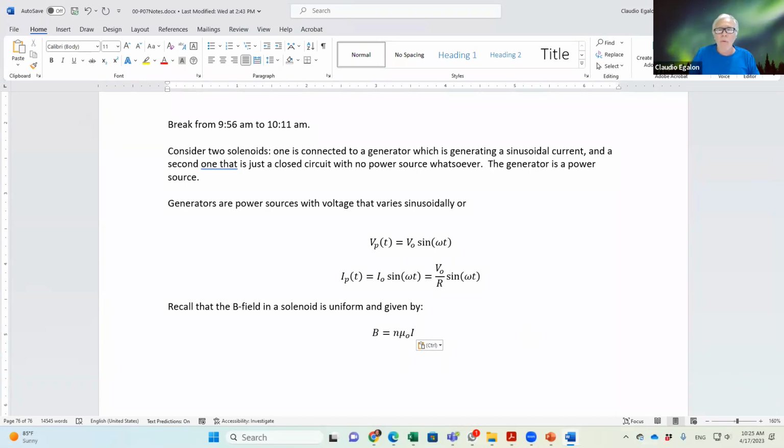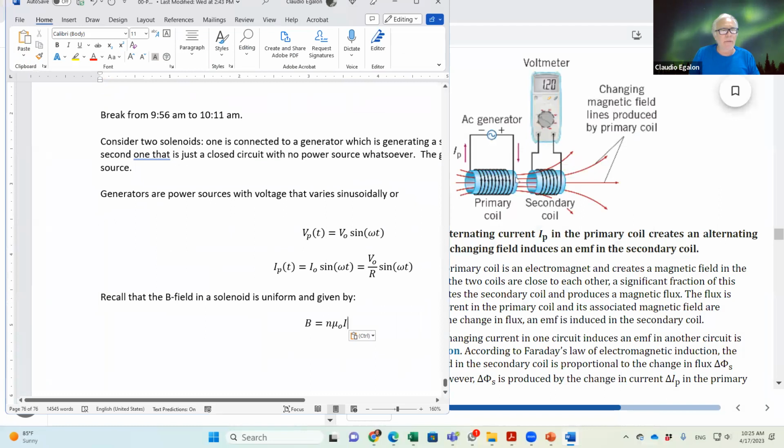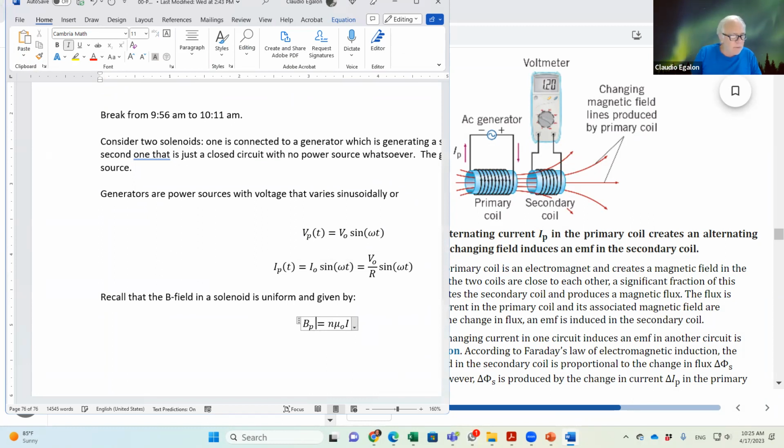Now how do I find the magnetic field inside of this primary coil? All I have to do is put my I right here. So I'm going to write it down. The magnetic field of the primary coil is directly proportional to the electric current in the primary coil. If the current is a function of time, so will be the magnetic field.